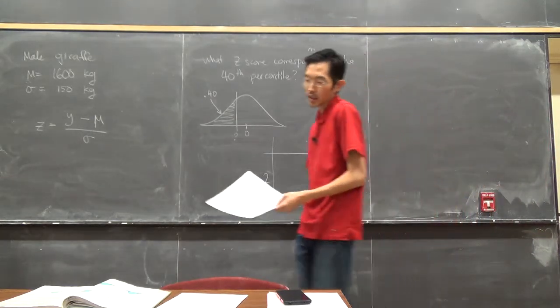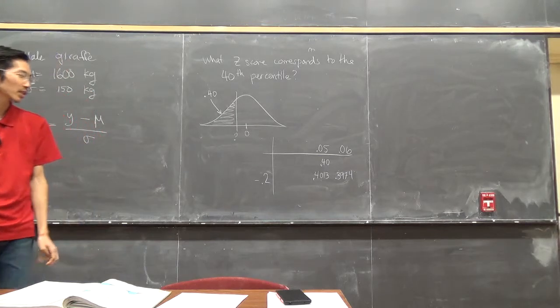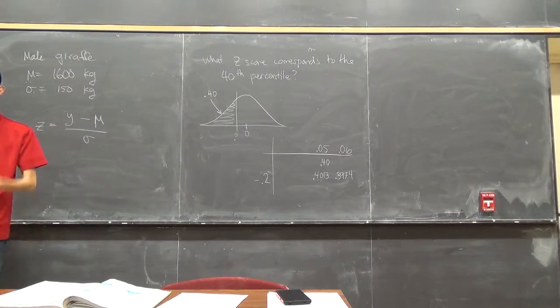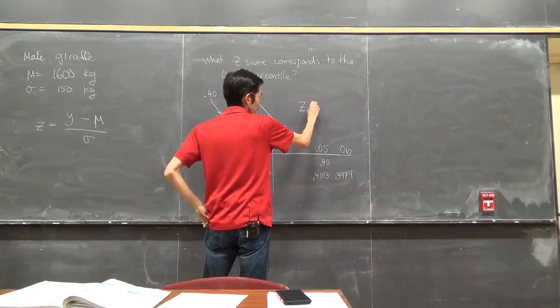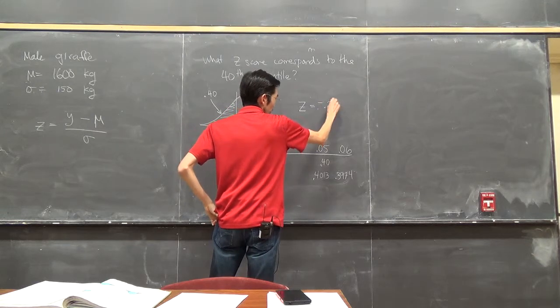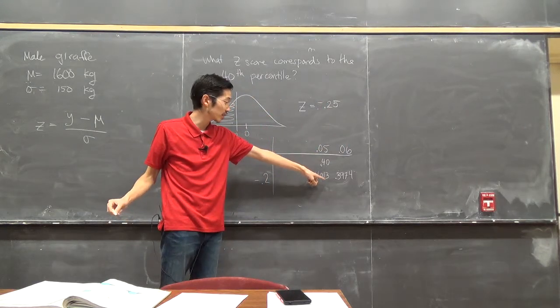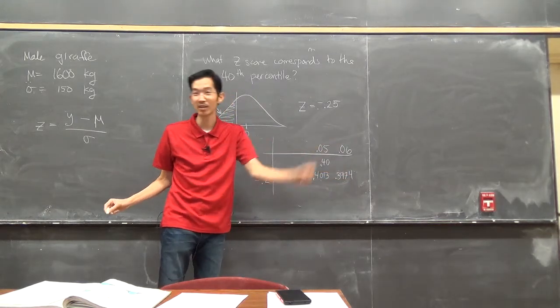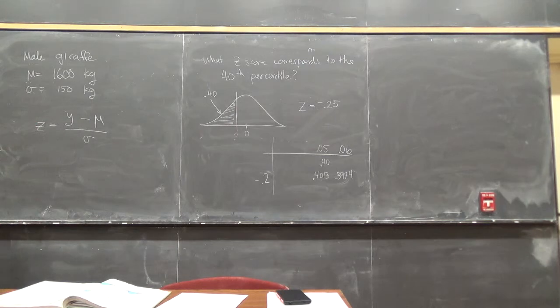I say go with the one that's closer to the one you're looking for. So in that case, we would choose what? Yeah, z equal to negative 0.25. This is 13 10,000ths away, and this is 26 10,000ths away: 0.0013 versus 0.0026.